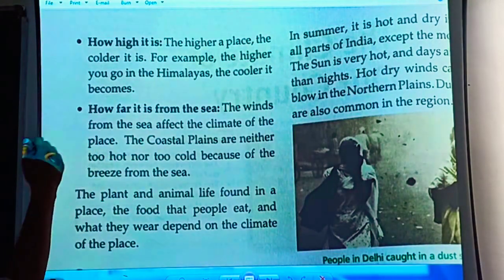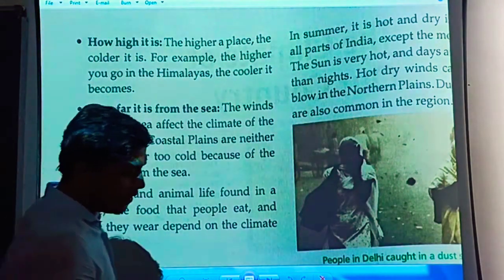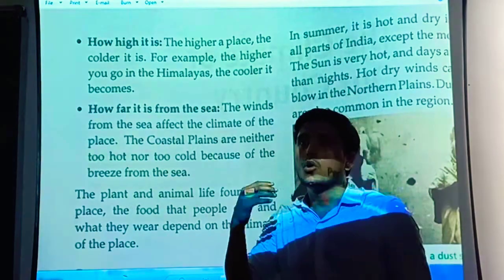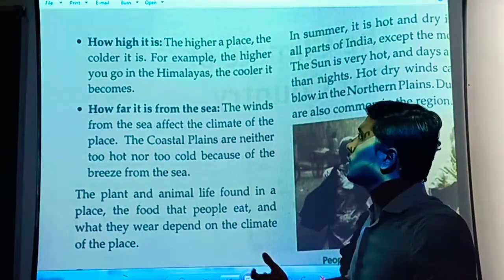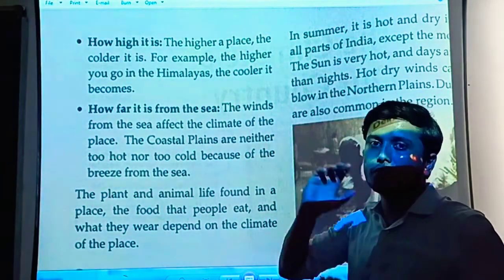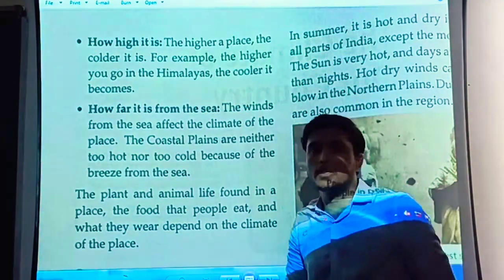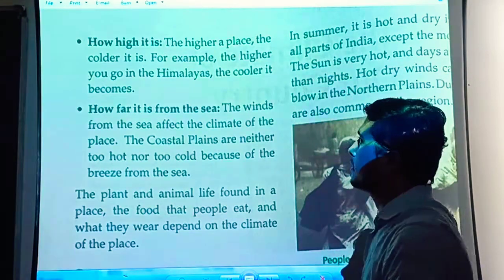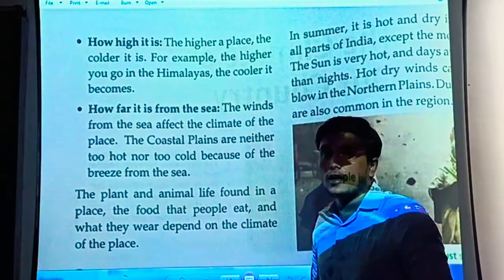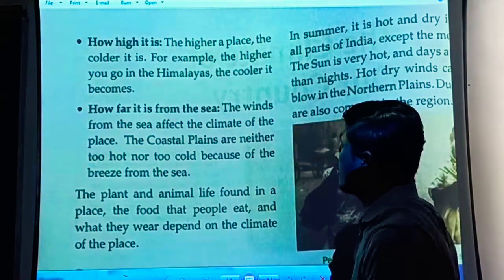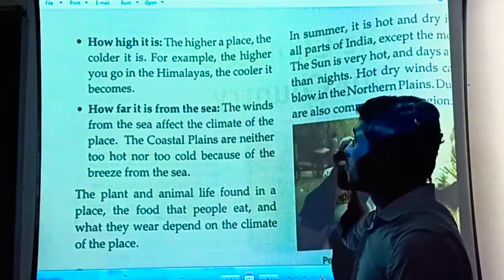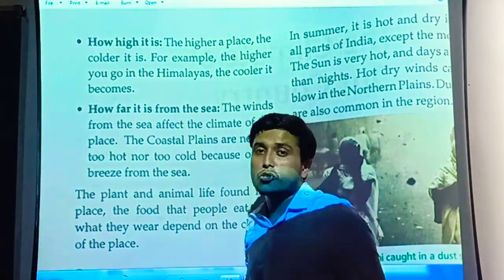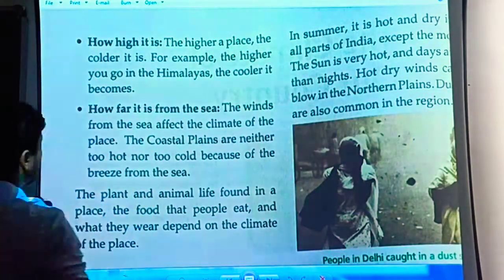When we attain height, when we go to more height, we will face a decrease in temperature, meaning the place is getting colder. As you know, there are high mountain ranges in the Himalayas, and there you will feel the temperature getting lower as you gain height.